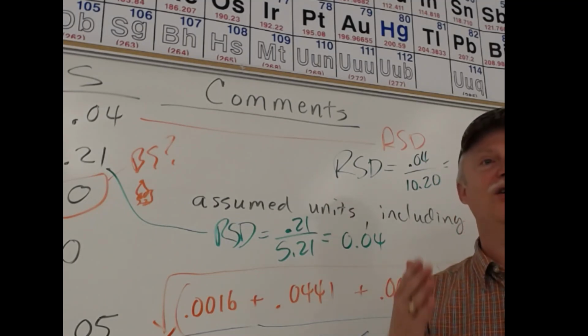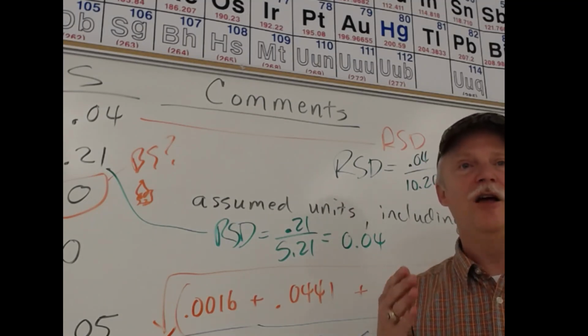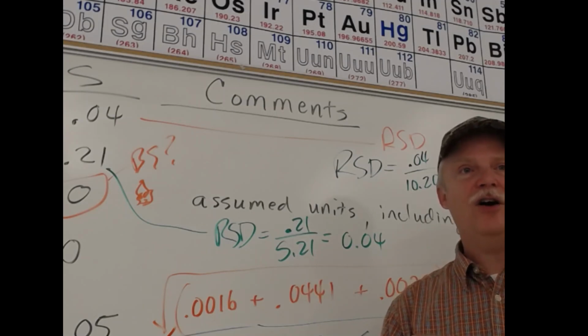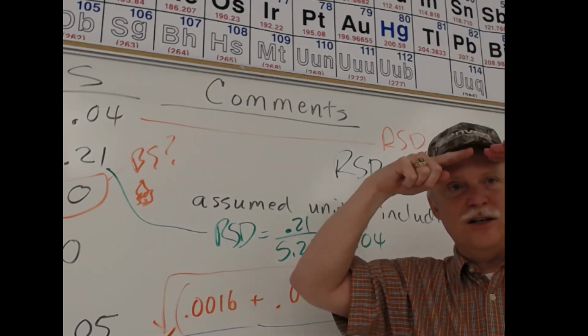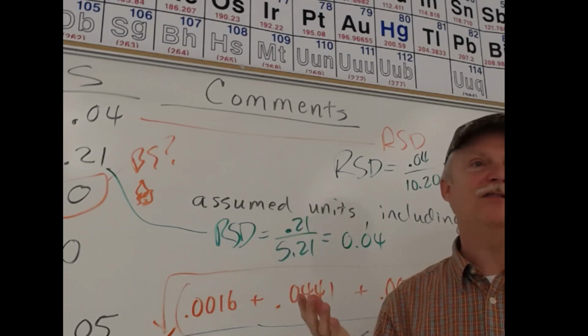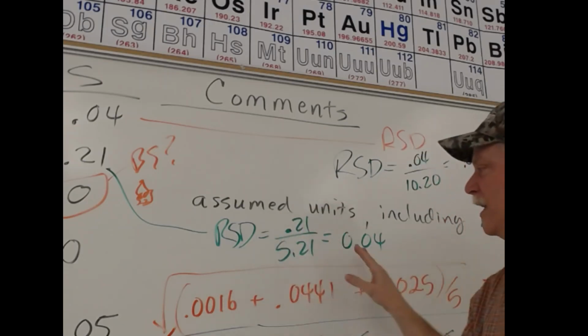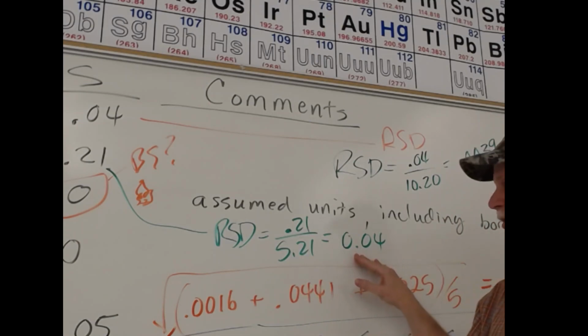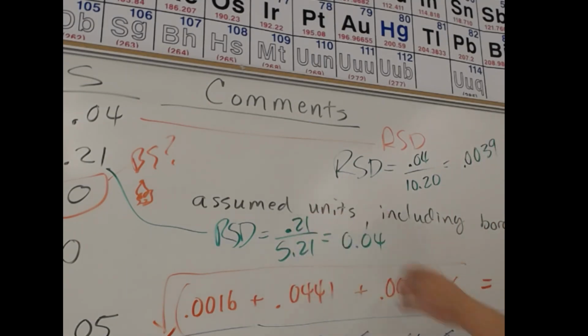An instrument that's precise I would say has a good relative standard deviation because it gives you a good, strong answer with very little uncertainty on top. Okay? If you flip these, you kind of have an idea of signal to noise. And so what's the inverse of this one? Let's do it again. I can't do math in my head.